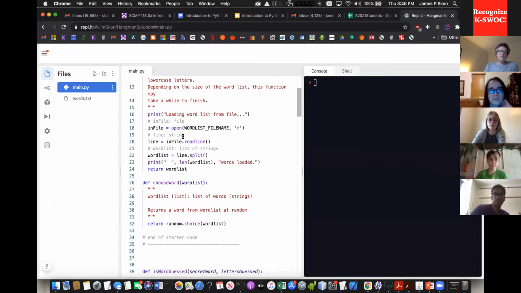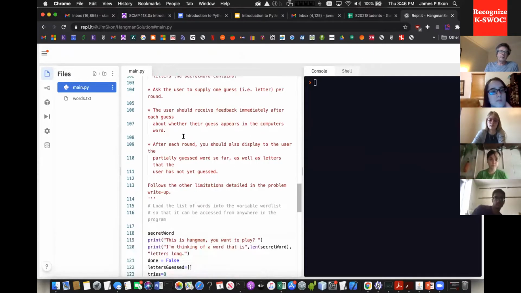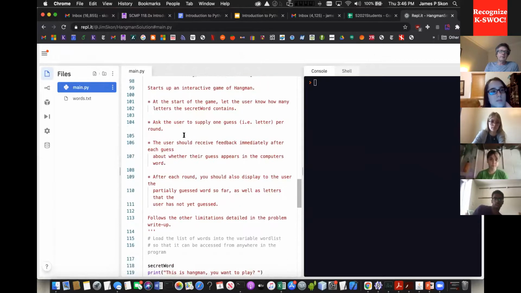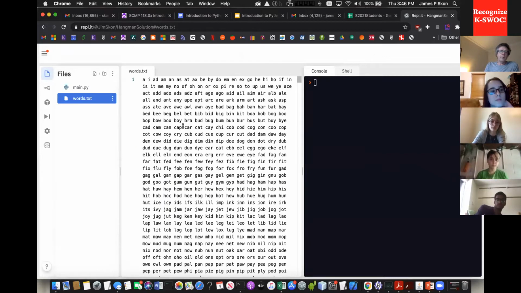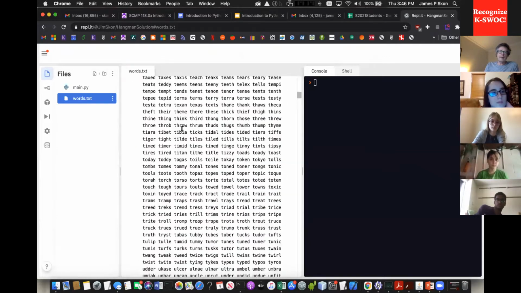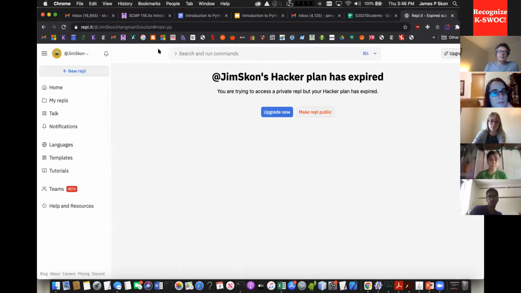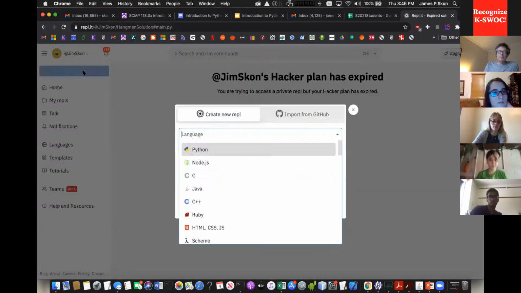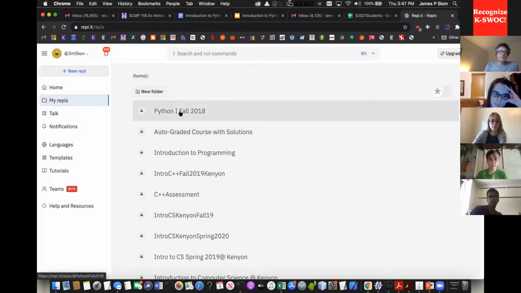Notice we have a nice long program. We're going to learn how to write programs of this level of complexity. And here is a whole bunch of words to use in the Hangman game. I can run the program, although not right now because it's going slow.